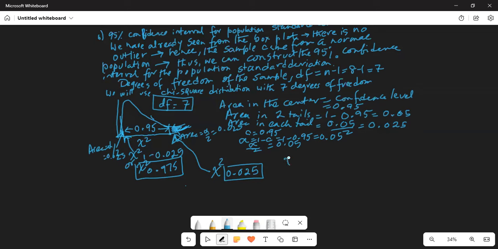So chi-square 0.975, which is the critical value on the left, is equal to 1.69, and chi-square 0.025, which is the critical value on the right, is 16.013. Okay, so now we are ready to construct the 95% confidence interval.